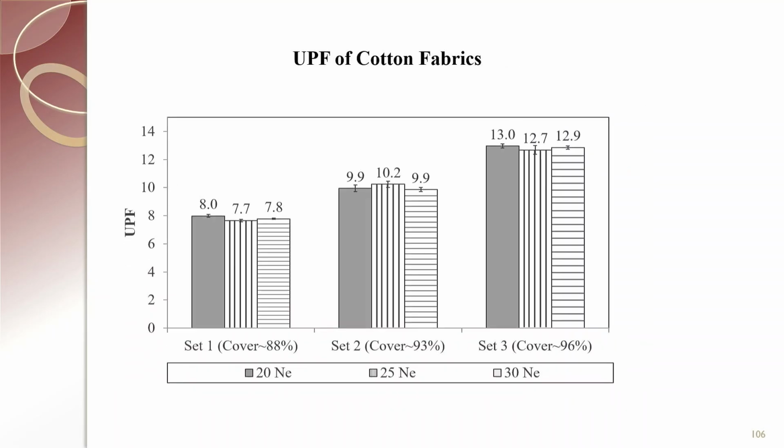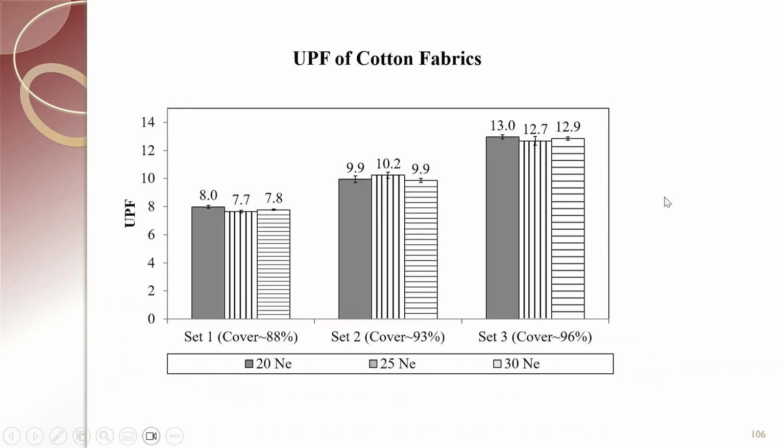So, 20s, 25s and 30s, as the yarn becomes finer, the areal density reduces. So, UPF value here, the effect of this yarn count is not that prominent, it is not that clear here, but as the fabric cover increases from set 1 to set 3, 88%, 93% and 96%, the UPF generally increases, but there is no significant impact of yarn count or maybe pore size on UPF of cotton fabric.